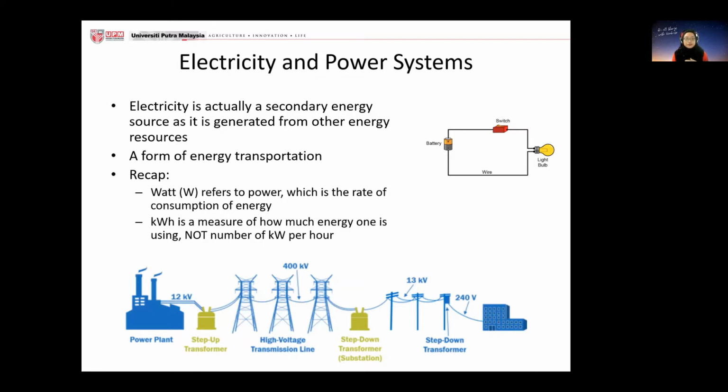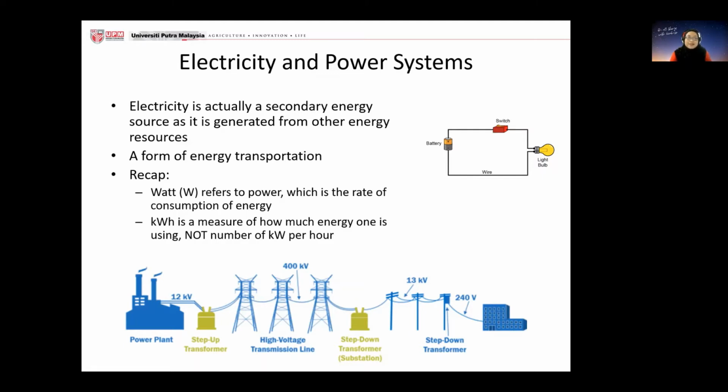It goes through the transmission and distribution lines, and it reaches your house, and in your house, that electricity is going to be transformed into another form. It depends. When you use an electric kettle, the electricity is transformed into heat. Whereas if you have a fan, for example, the electricity is going to be transformed into mechanical energy, because it's turning. So basically electricity is a form of energy transportation.